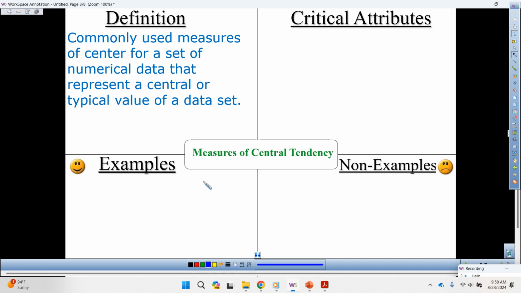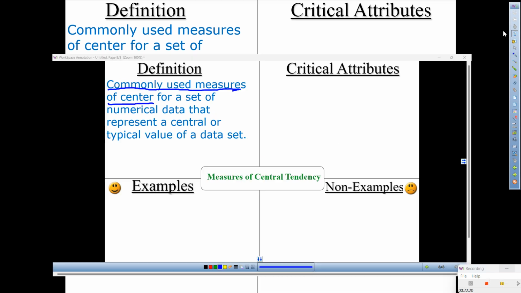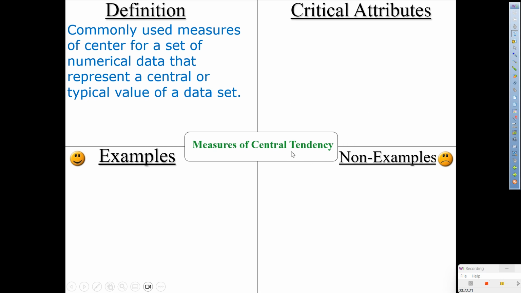As you're writing the definition, look up, underline "commonly used measures of center." That's something to remember.